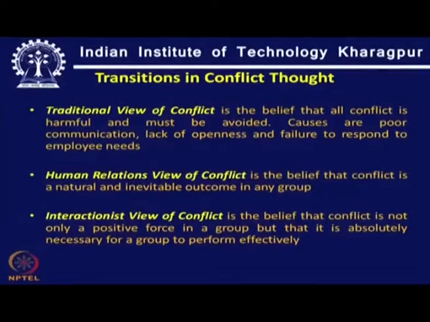So, from an interactional point of view, for the group to perform more effectively, conflicts are sometimes encouraged in the organization, and conflict acts as a positive force in the group.